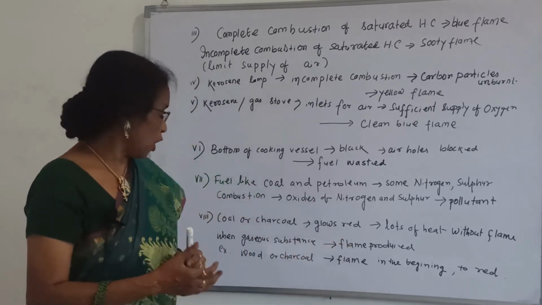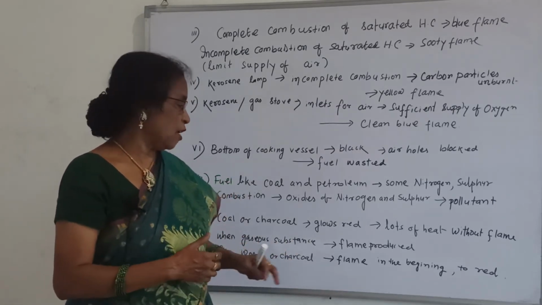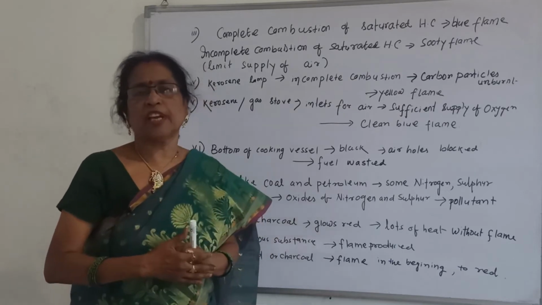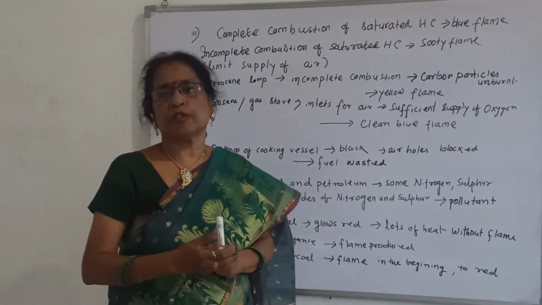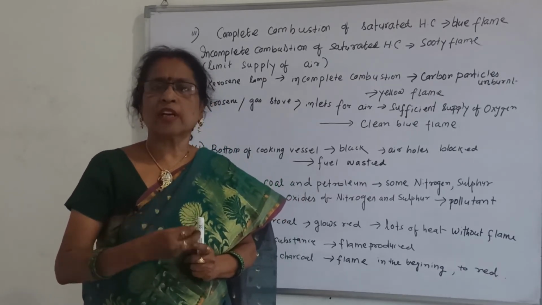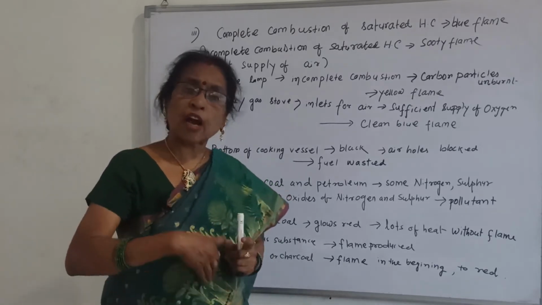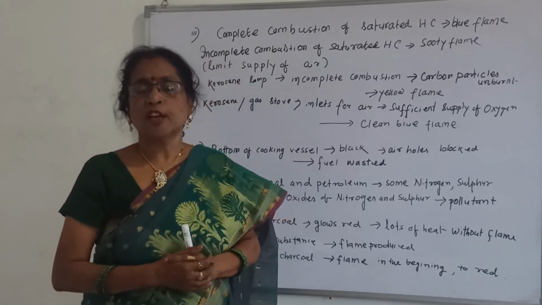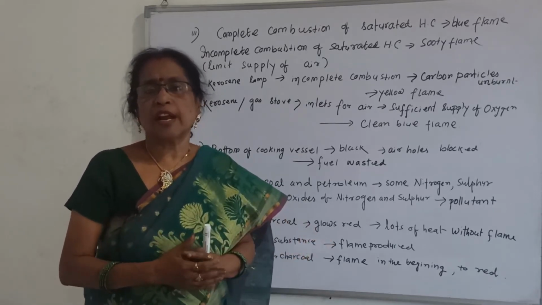In wood or charcoal, flame is produced in the beginning. After that it becomes red. Sometimes you can observe when charcoal burns, first it gives flame because some gaseous, volatile substances are present, and after that it changes to red because the volatile substances are finished.